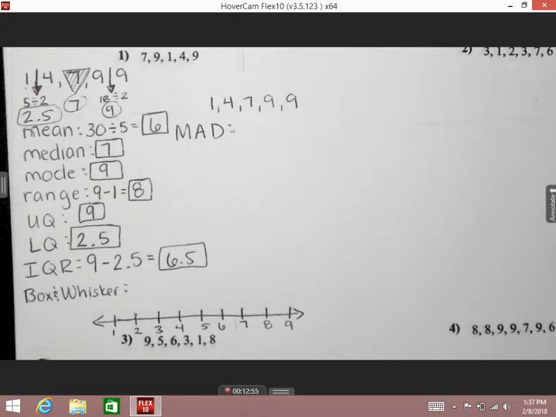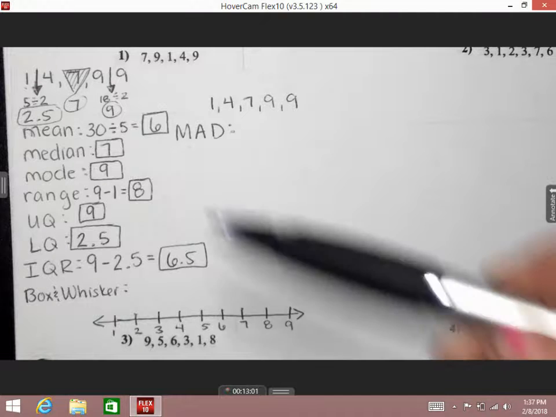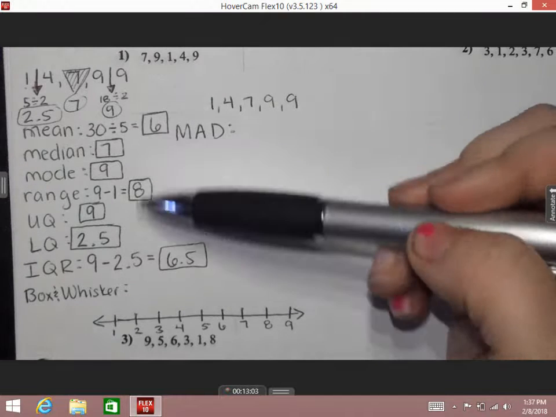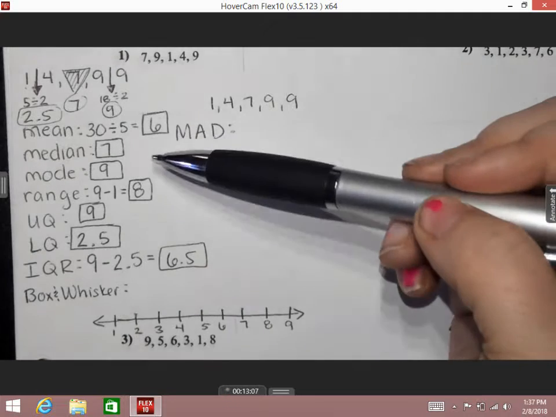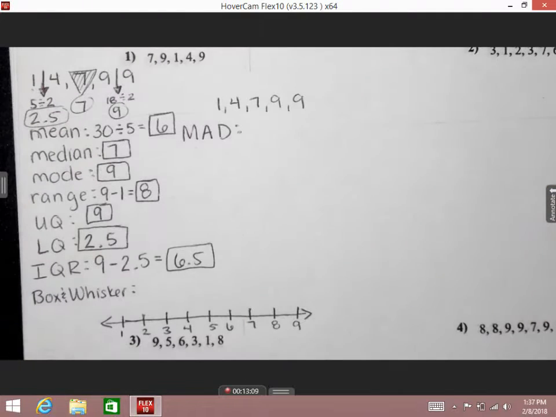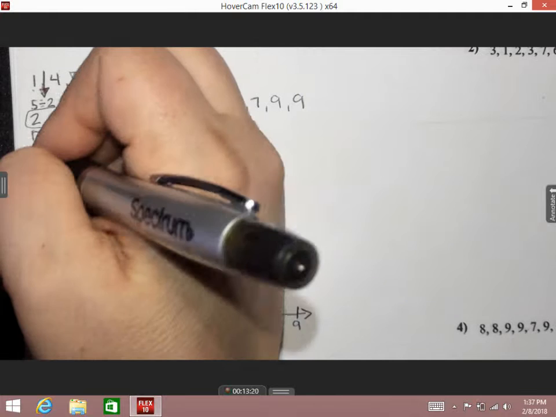All right. So from here, there are 5 things that go on the box and whisker. In the past, we had to calculate all of those while we were making it. But look at all this stuff that we've already calculated. I'm betting some of it, not all of it, is going to go on our box and whisker. Louise, can you name one thing that goes on my box and whisker? The median. Have I already found the median? Yes, I found it right here.